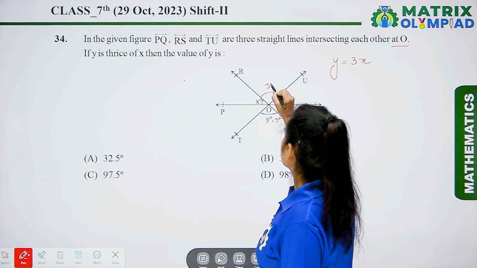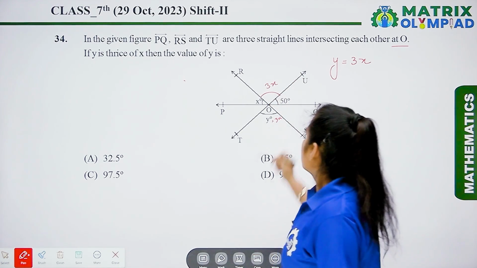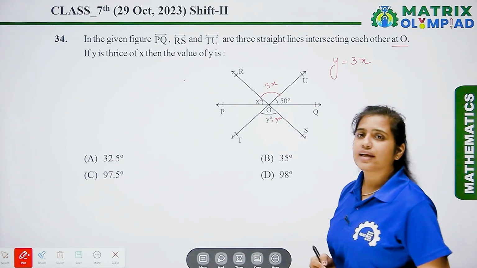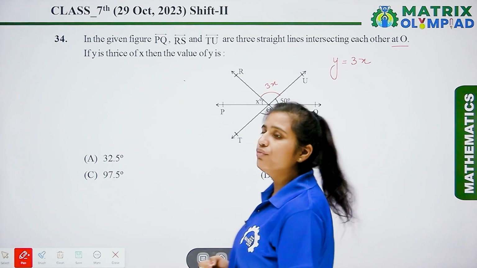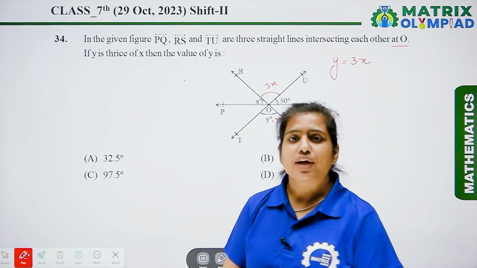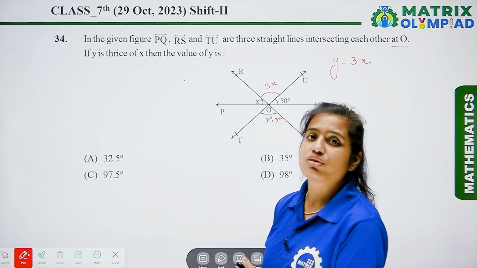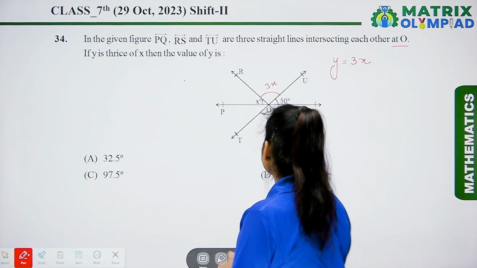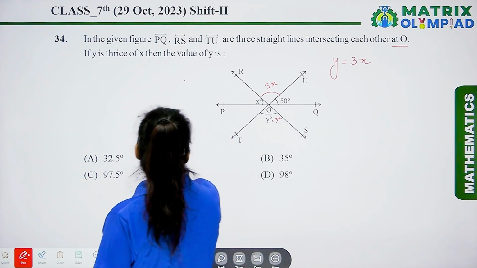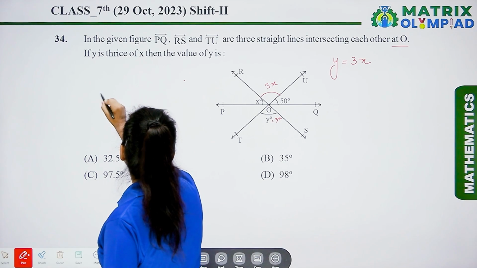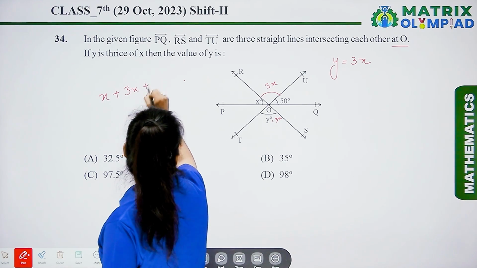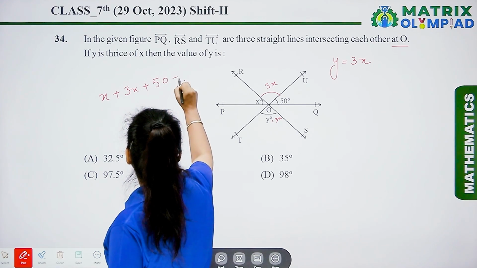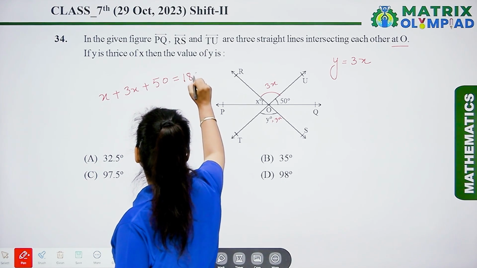So this we can write down as 3x. So here we have to find out the value of y. So to find out the value of y, let's find out the value of x first. Here PQ is a straight line. So according to the straight line, let's calculate the value of x.